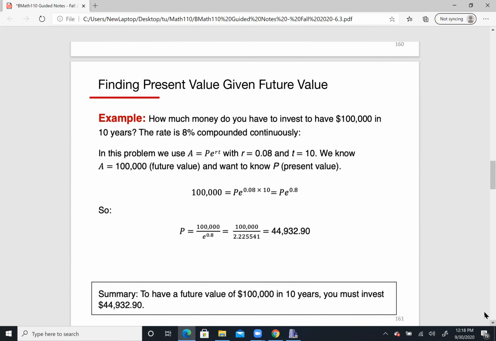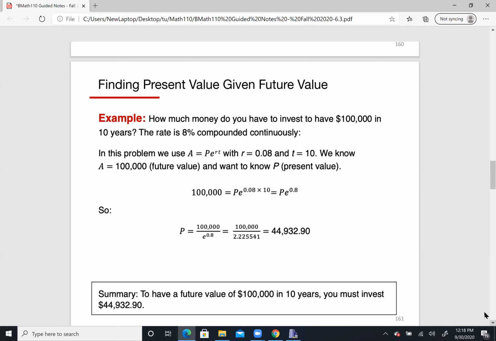Okay, so the next one is finding the present value given the future value. It's a very interesting problem in this session because it applies the way to solve the exponential equation.